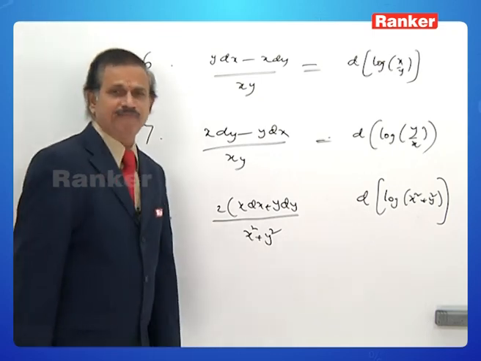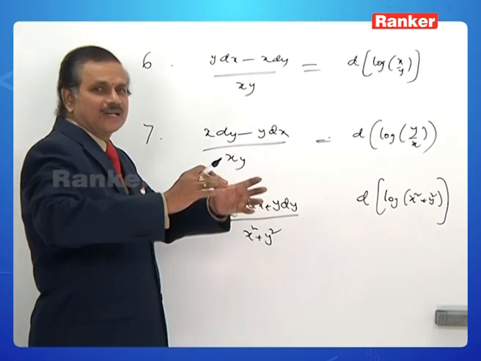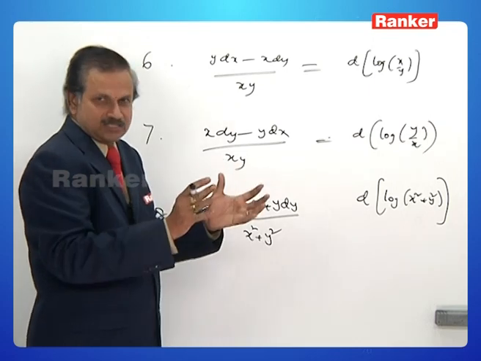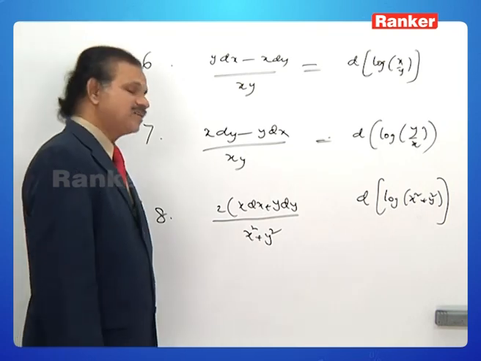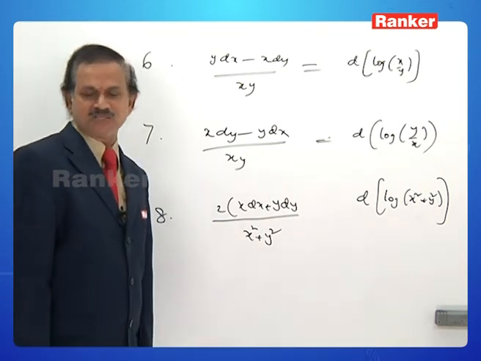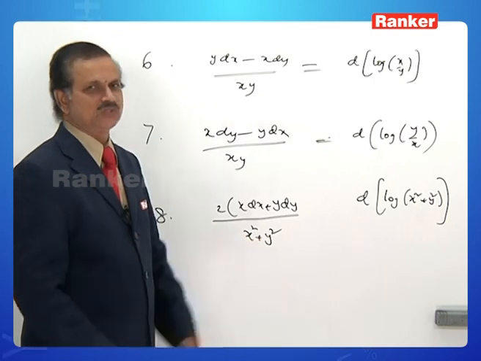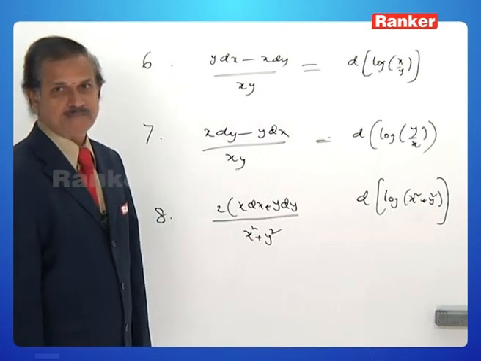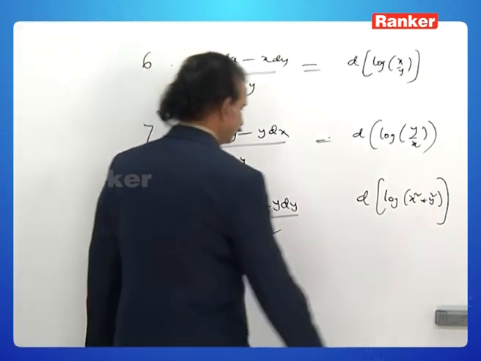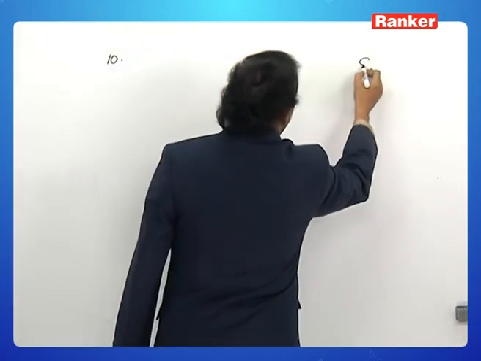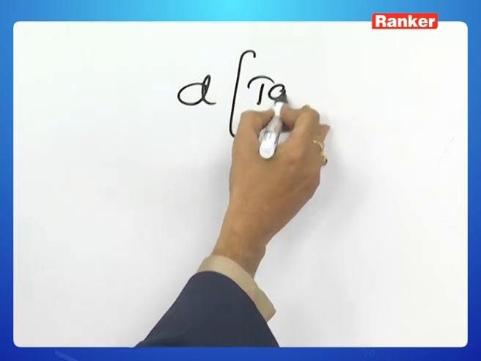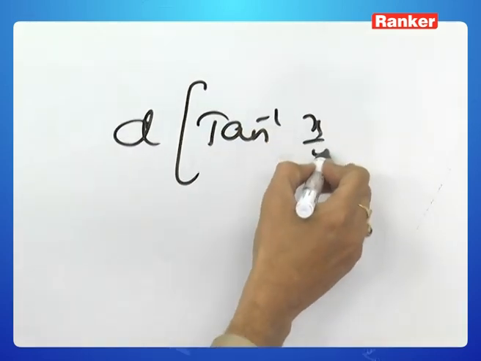After noting all of them, let us gather those things which have similarities, which have differences, so that it will be an easy process, of course, to recollect and reuse them, to remember them also. One more. D of tan inverse x by y.